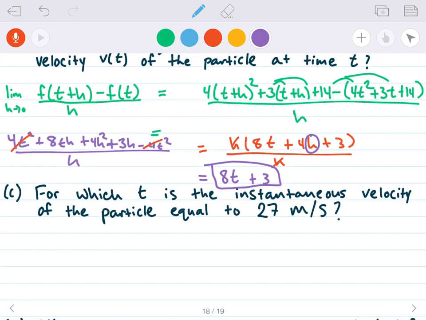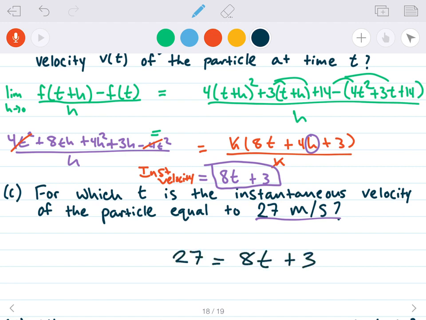So which t value is the instantaneous velocity equal to 27 meters per second? So we just found the instantaneous velocity. The instantaneous velocity is 8t plus 3. So we need to set up our equation the following way. We have 27 is equal to 8t plus 3. Right?